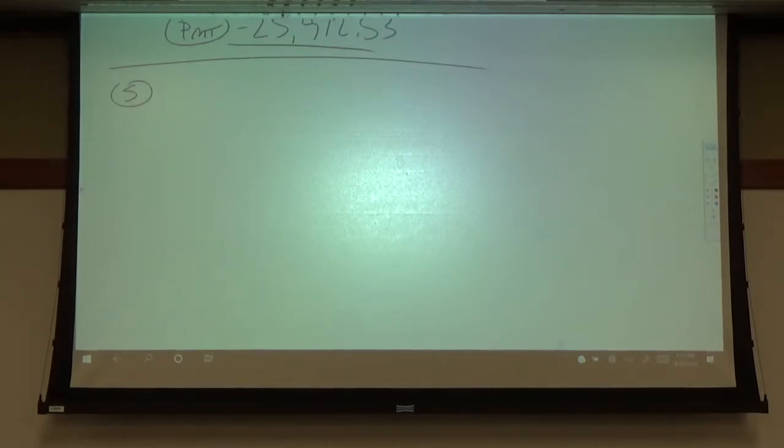Okay, question 5, present value of perpetuity. All right, so here we've got a property that generates an annual NOI of $20,000 a year into perpetuity.